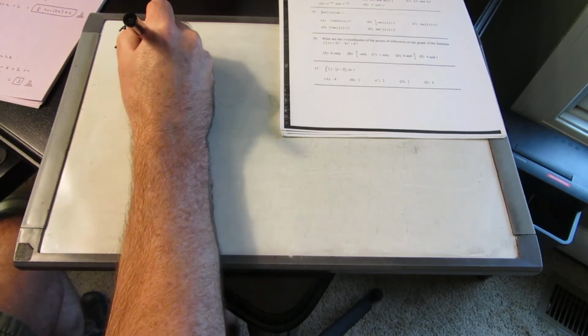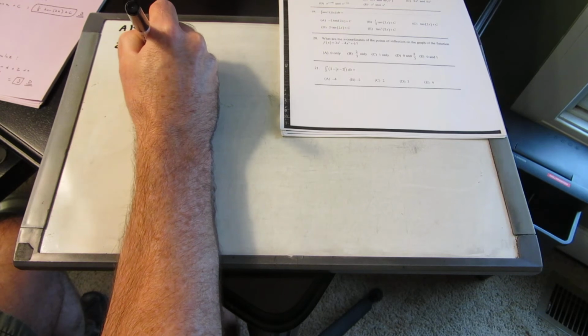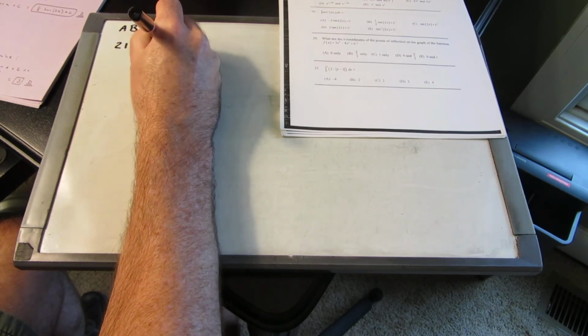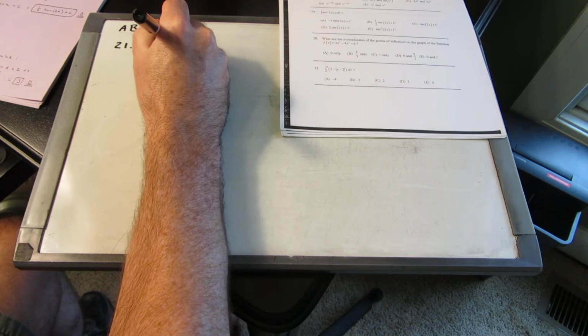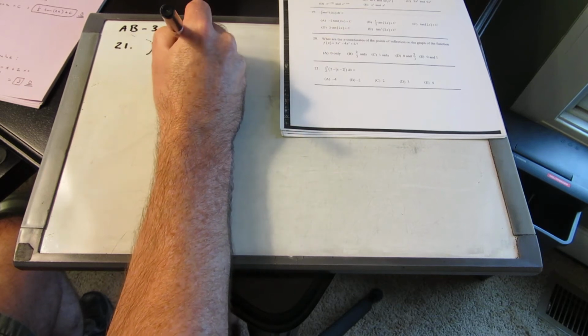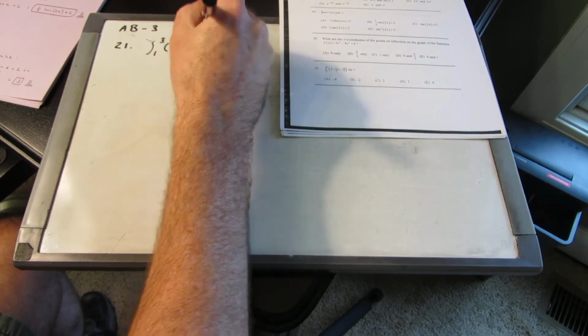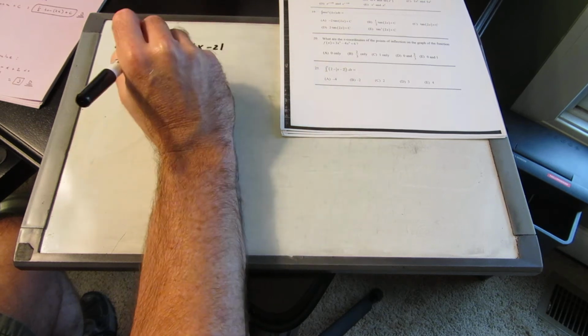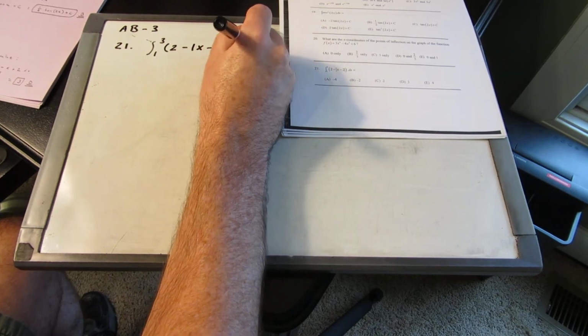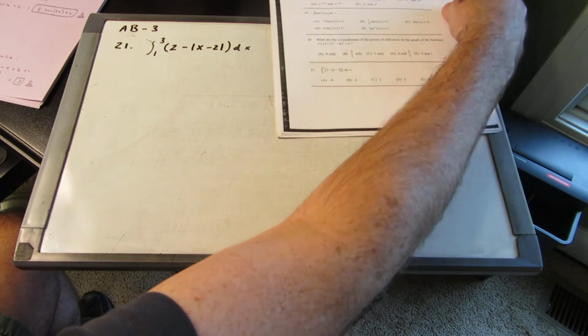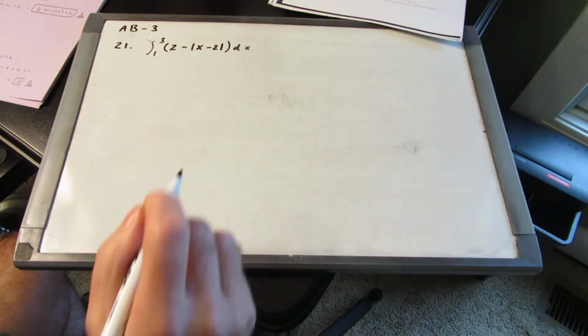In 21, the question is, we want to integrate from 1 to 3 of 2 minus the absolute value of x minus 2 dx. Here is how you integrate absolute value.